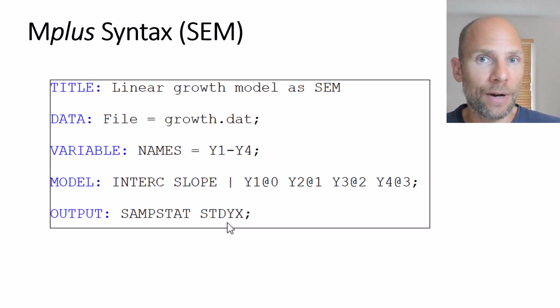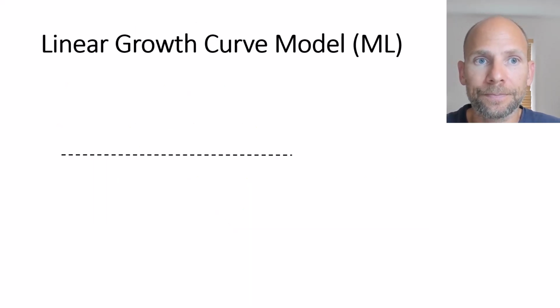All the relevant parameter estimates, such as the slope factor mean and variance, the covariance between intercept and slope, and the error variances are estimated by default, so you don't have to specifically list those in the Mplus syntax.